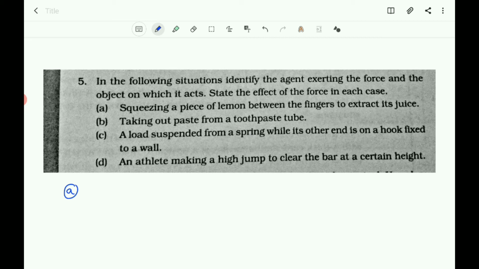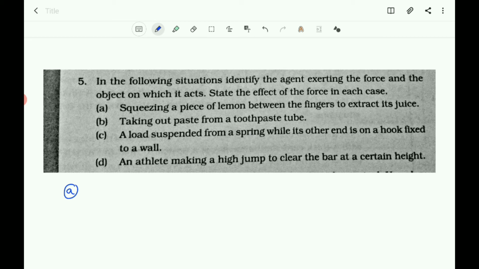What happens? The force acting agent is fingers and the object is lemon, and juice means juice comes out here. That is, you know that there is a change in the shape of the lemon.